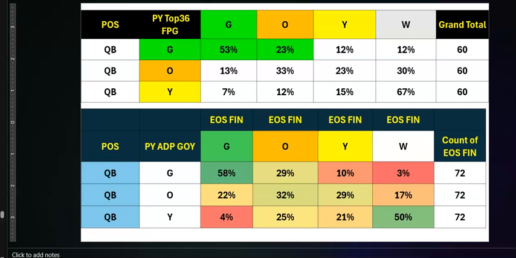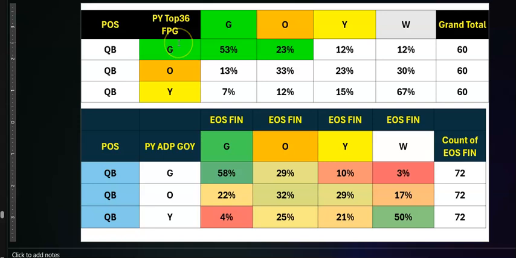And let's see, I think, oh, that's right. I've actually done fantasy points per game reference class forecasting. You haven't seen that data, but about 76% of the top 12 finish in the top 24, and for ADP it's 87%.